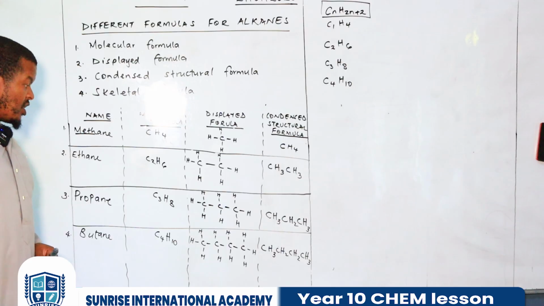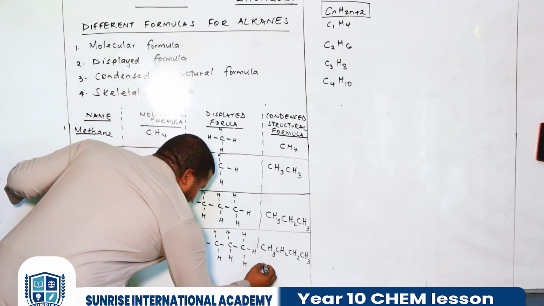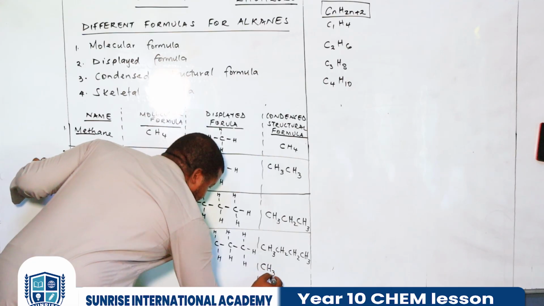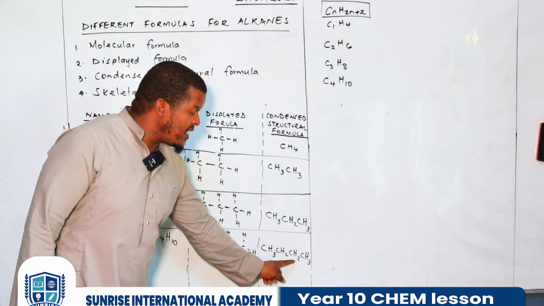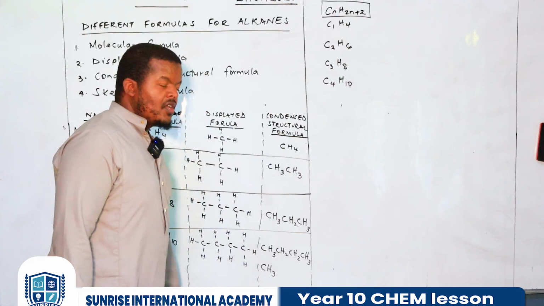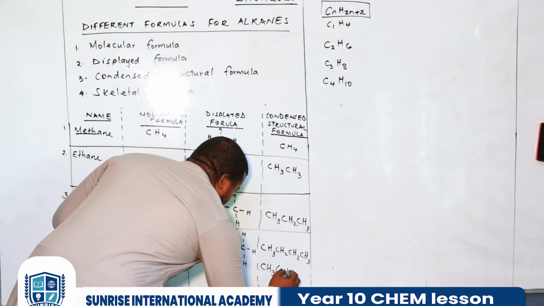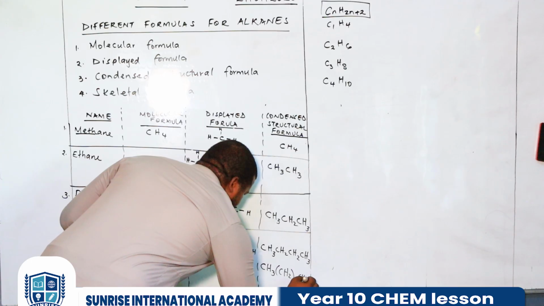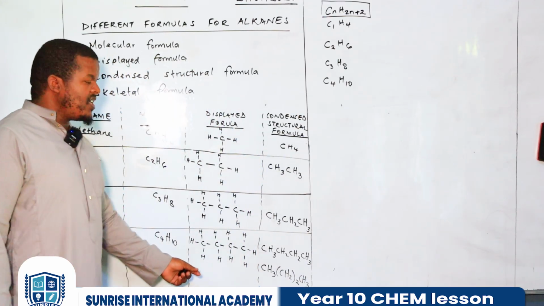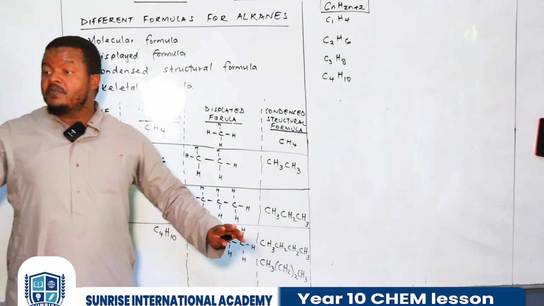Now, you can leave your answer like this, or you can write it this way. Have your CH3 here, and then there are 2 CH2s in the middle. So use a bracket. Have your CH2 here. How many are they? 2. Then write the CH3 at the end. So the CH3 at the beginning and CH3 at the end must remain.